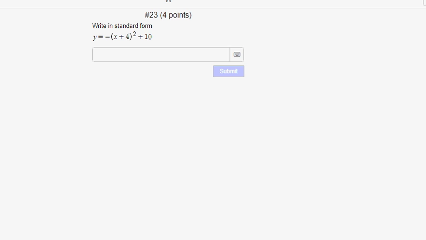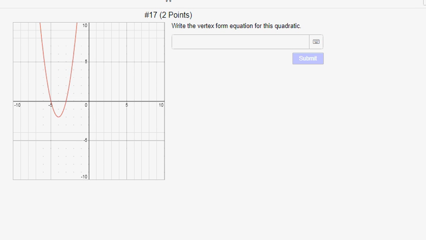All right, now we want to write this one in standard form. Okay, I knew something wasn't right. We skipped number 17. Okay, we want to know the vertex form of this quadratic. So let's start off with the fact that our vertex, 1, 2, 3, 4, -4, -2, is our vertex.